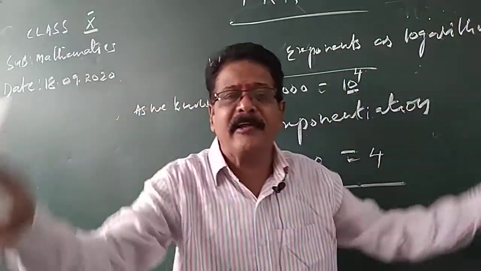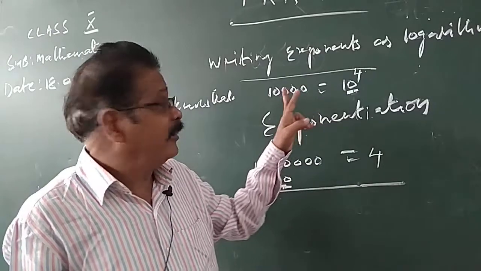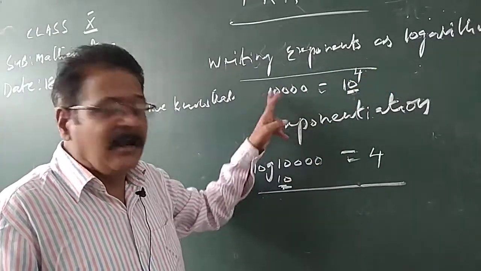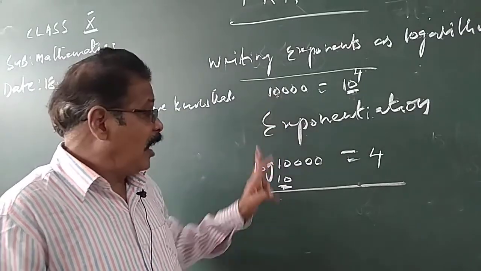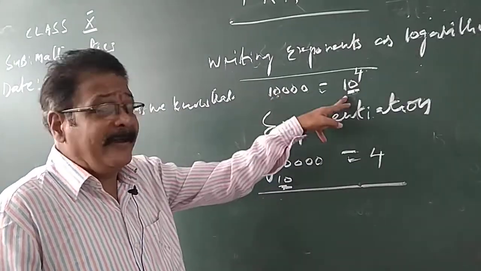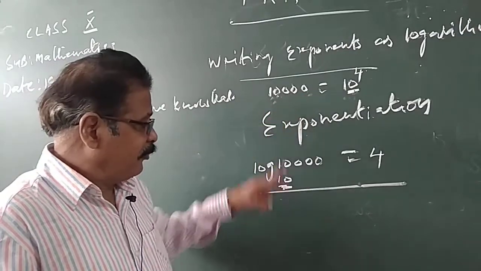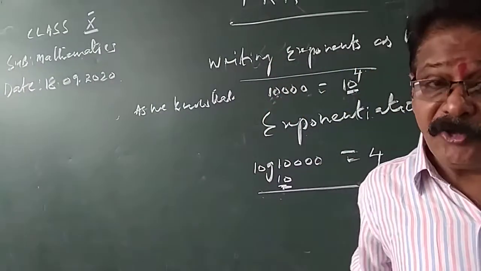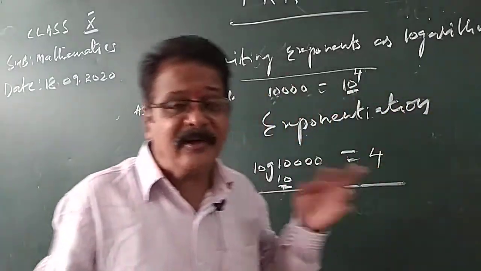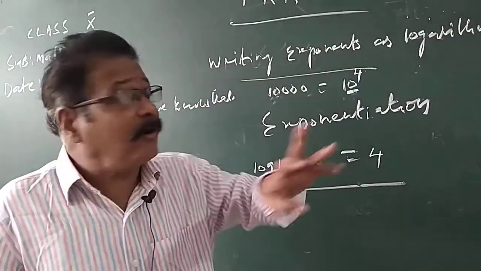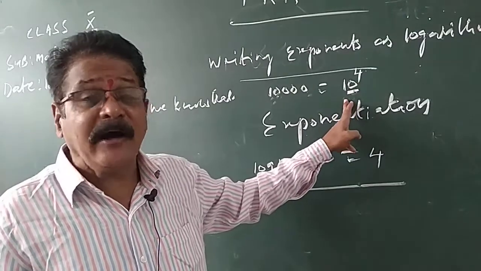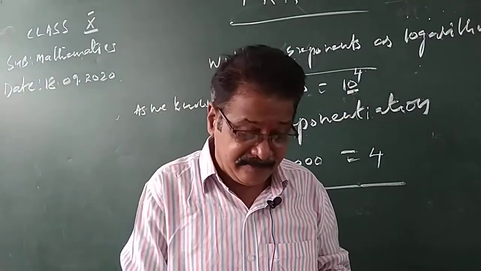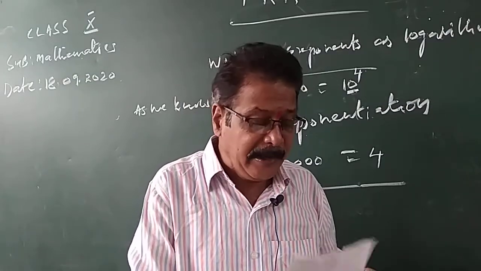So 10,000 equals 10 to the power of 4; in logarithmic form, log 10,000 base 10 equals 4. From this, we observed that in both forms the base will be the same.